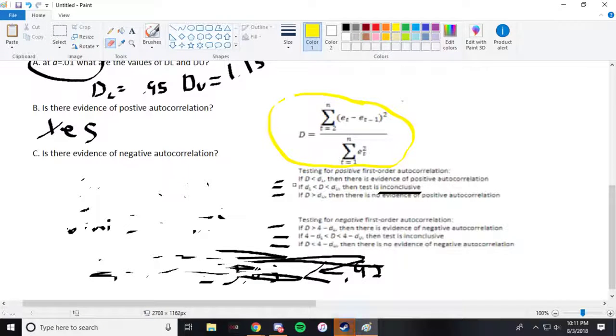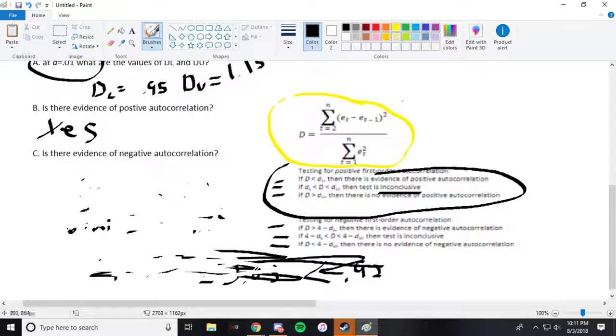So here we have three possible ways to test for positive autocorrelation in this first half right here.